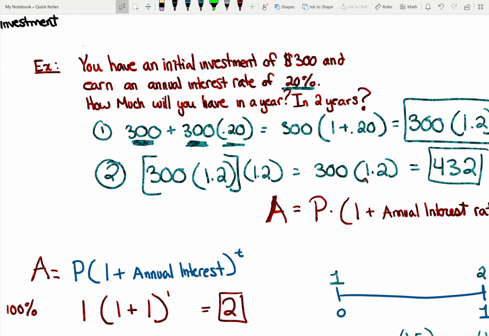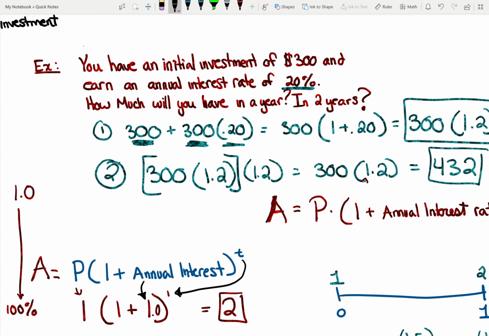So let's say I invest $1 into an account and I get 100% interest. So 100% is equal to just 1.0. I'm keeping the same format, right? So annual interest is just 1.0. 100% written in decimal is just 1. And I'm holding it for 1 year.